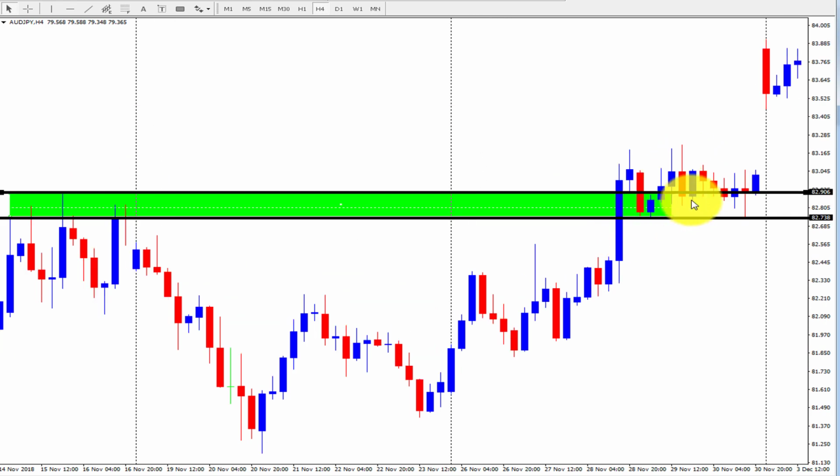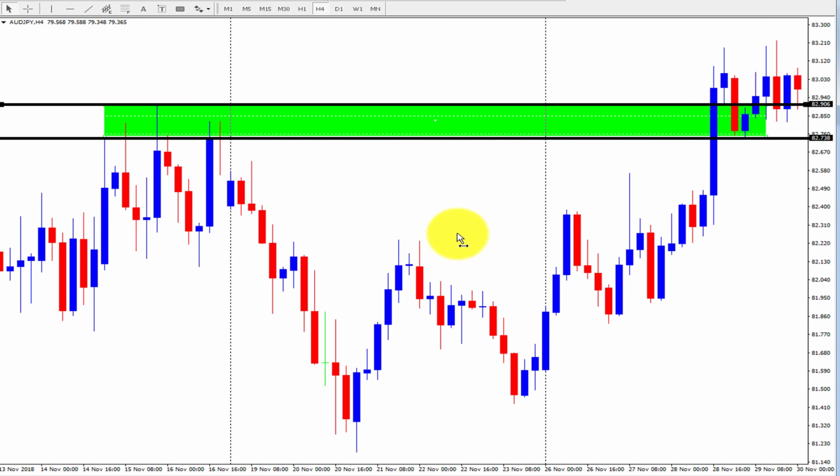What happens next? We find that yes, the market creates a gap and breaks up, breaking this zone. We didn't find any color change, although we find a small bearish candle. This bearish candle is smaller in proportion to this strong bullish candle.